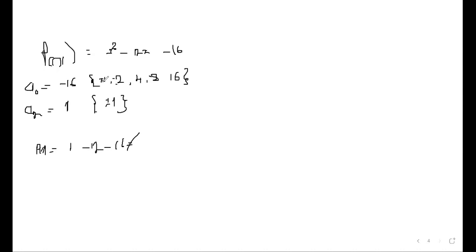So 1 is not a factor. Even if we try negative 1, it can't work. Let's try 2. What is p of 2? This is actually trial and error, so you need to apply intelligent guesses. If you look at this, 16, 12, and x to the power 3, the easiest factor has to be 2 or minus 2.